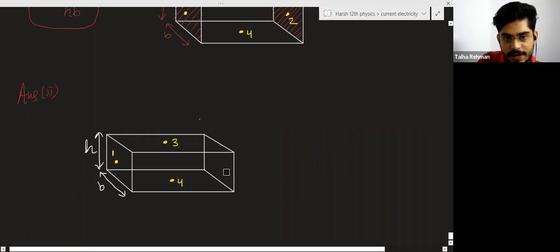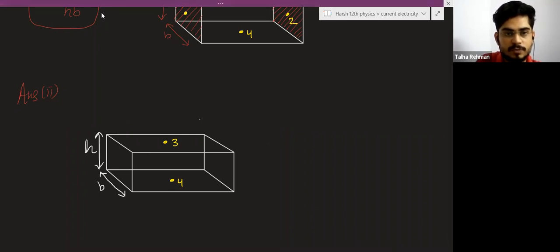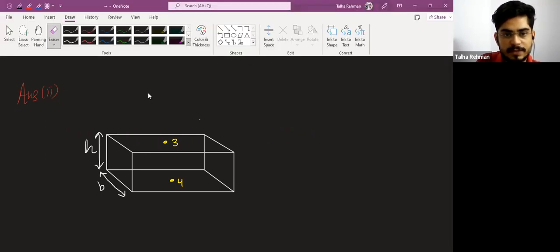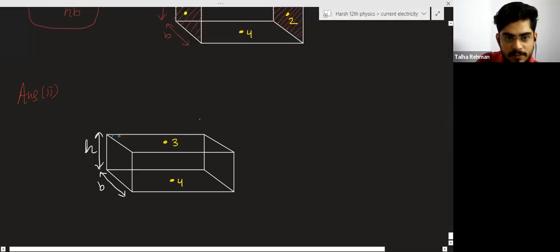Now we have to find the resistance between these points. So now we will find the resistance between point 3, means this is the face on which the point 3 lies, and this is the face on which the point 4 lies.